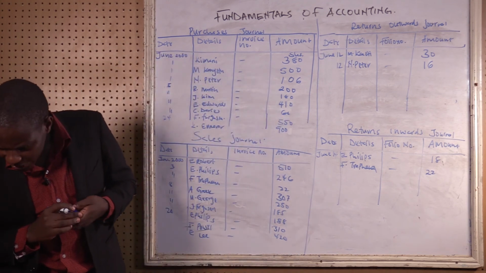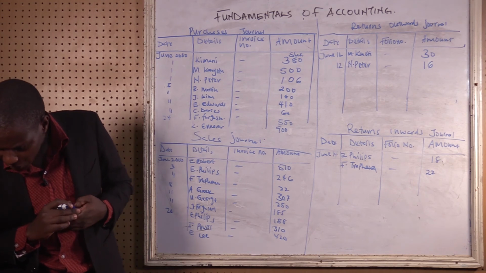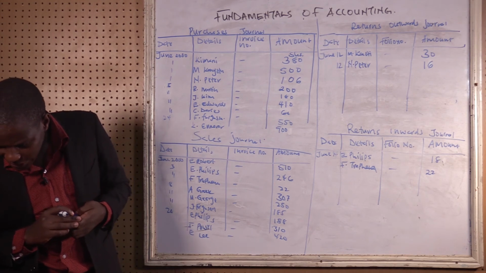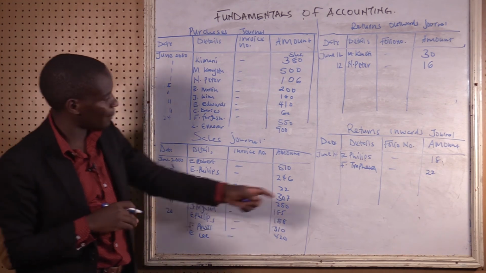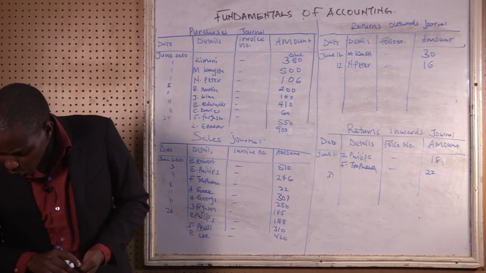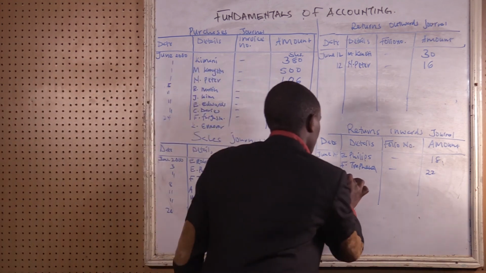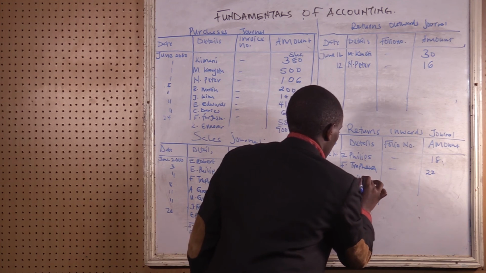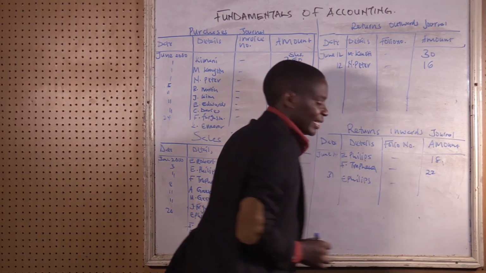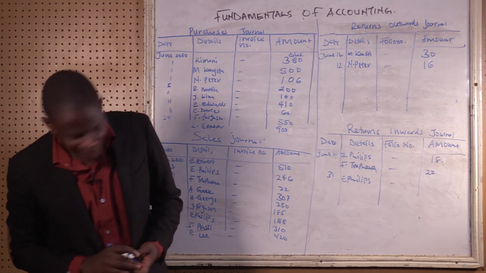Then on 31st, returns inwards from E. Phillips and Robert were 27 and 30 shillings. We come to here. So on 31st, there were two people who returned goods inwards, and that is E. Phillips. E. Phillips returns goods worth how much? 27 shillings.